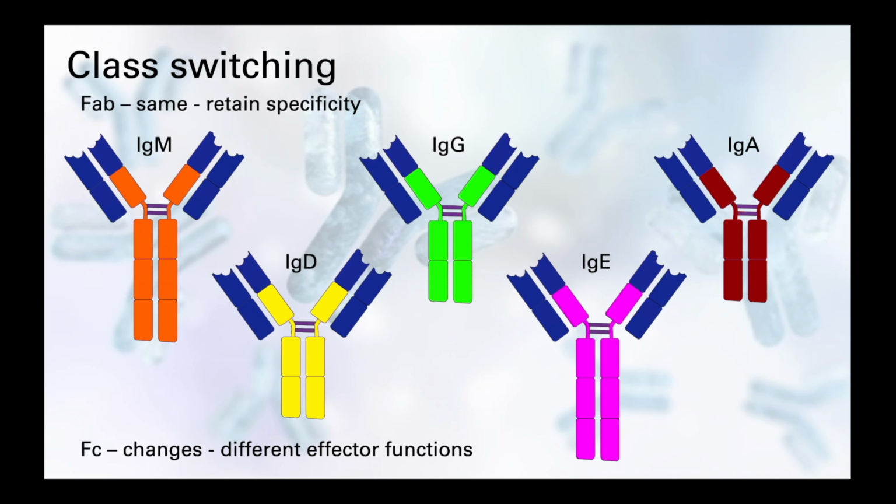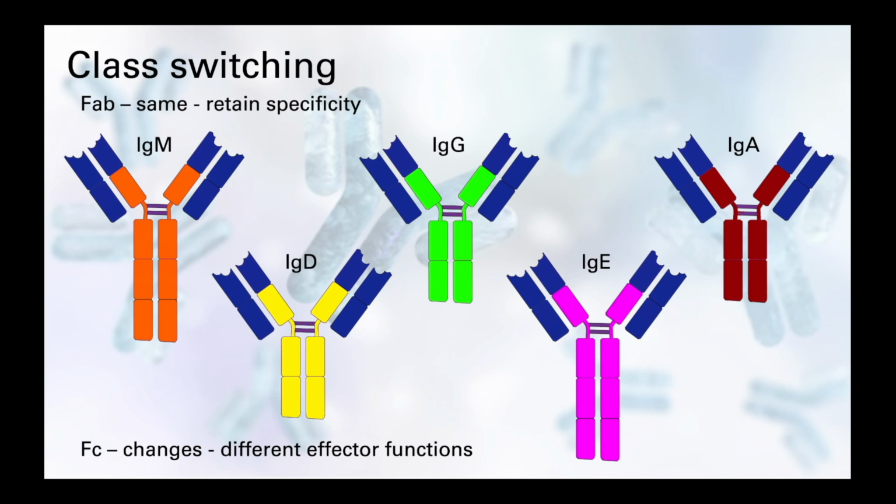You may also see this called isotype switching or class switch recombination, but all these names describe the same process, which is the switching of the constant region of the heavy chain, while the variable region of the heavy chain and the entire light chain remain the same. So the antigen specificity is retained, but the Fc region is altered, which can change the effector molecules or cells that can interact with the antibody.